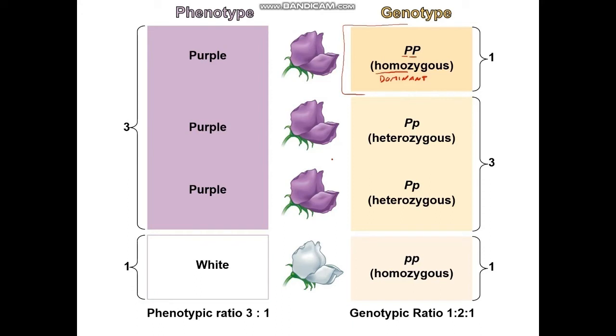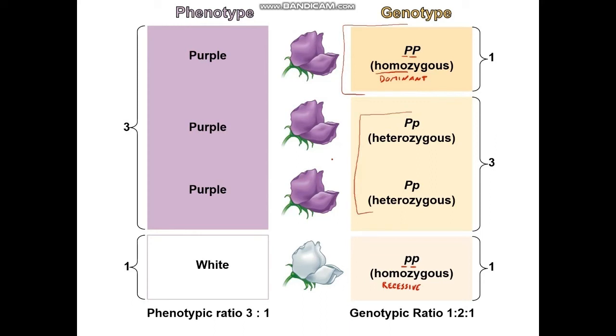This plant down here is homozygous as well, but it's homozygous recessive. All right. These two, it doesn't matter which parent gave them the dominant or the recessive allele. What matters is that they have 2 different copies, that they're hybrids here.